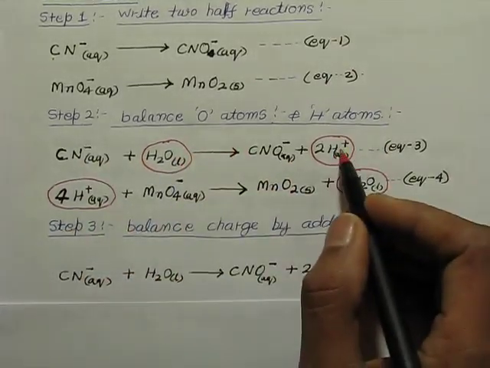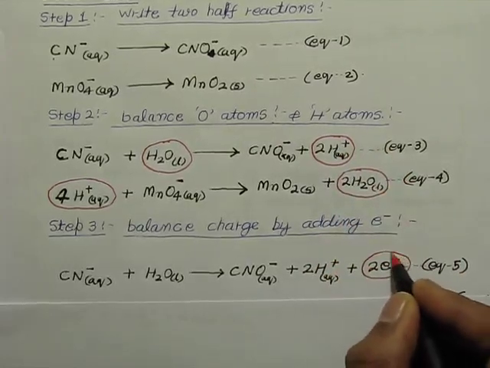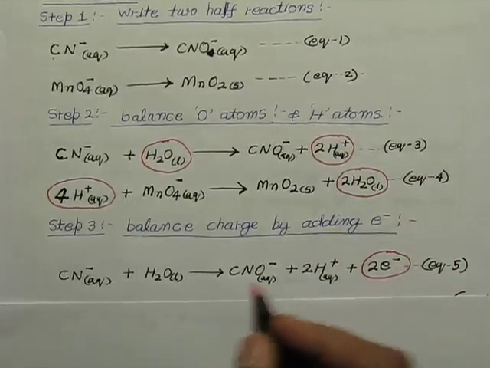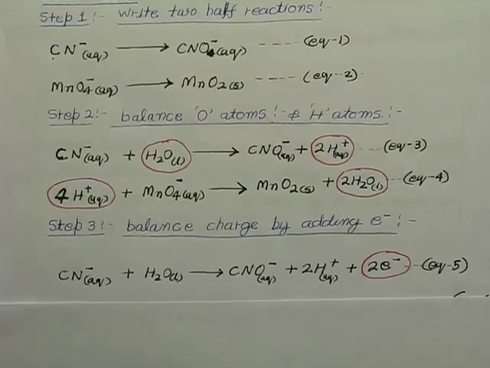To balance the two hydrogen ions, we have to add two electrons on the reactant side. Now the charges will be balanced by electrons in this case.